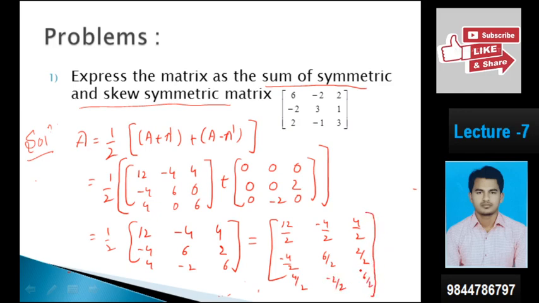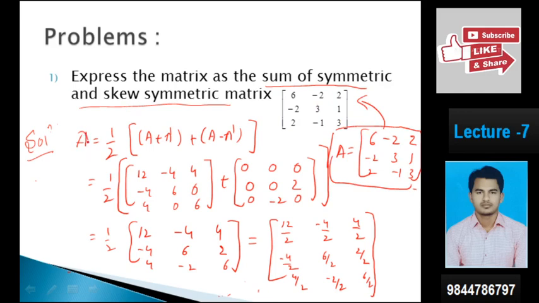Simplify here. I am going to write 6, minus 2, 2; minus 2, 3, 1; 2, minus 1, 3. Remember one thing: the whole resultant is again the given matrix. See here, the same matrix.